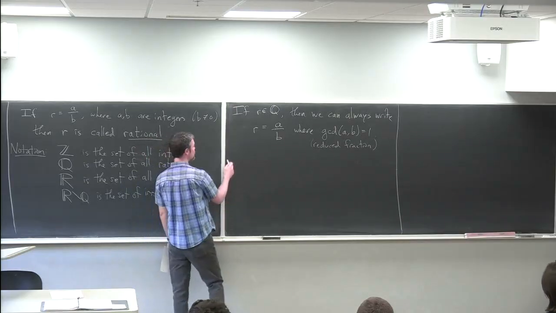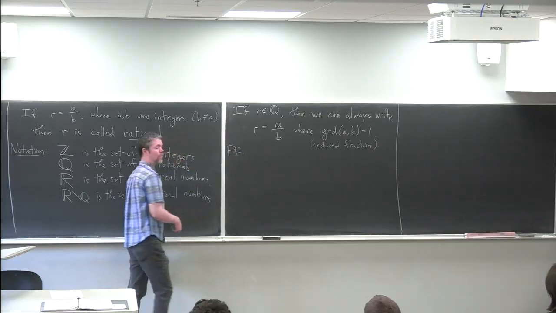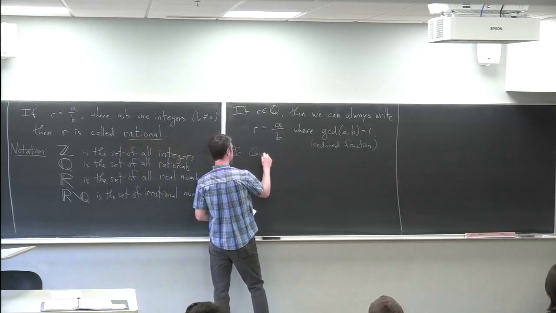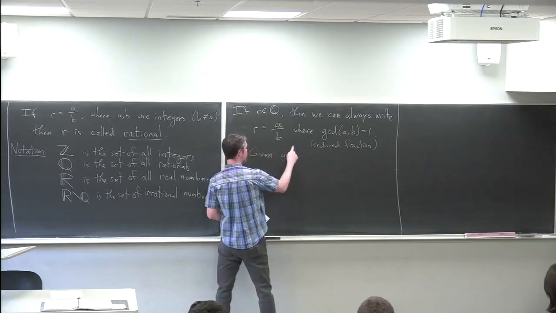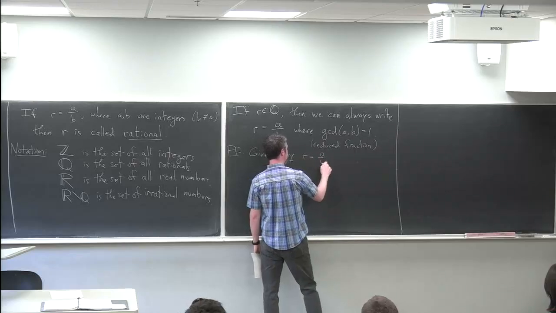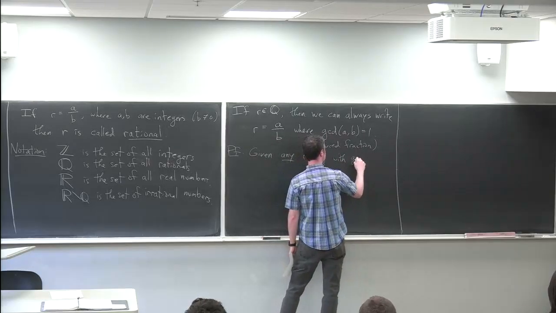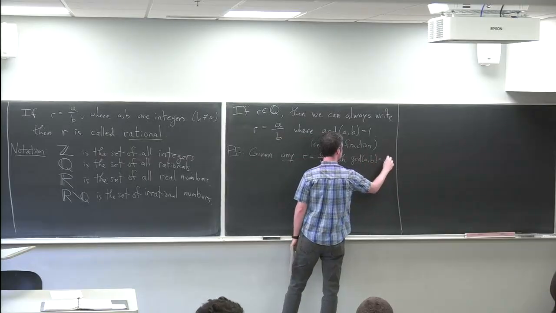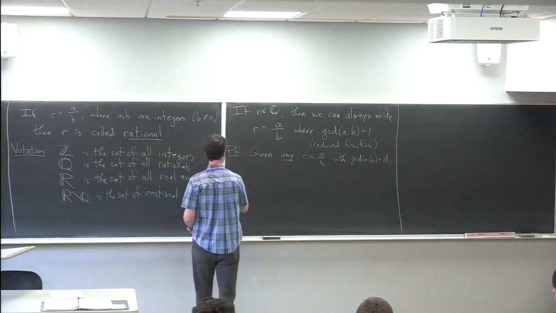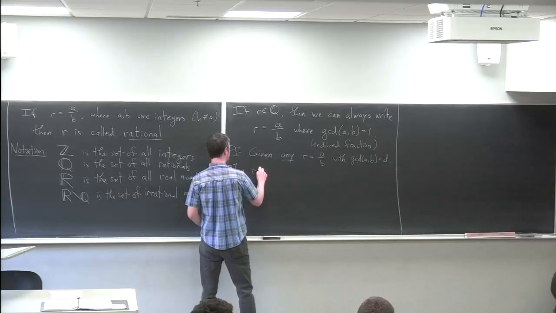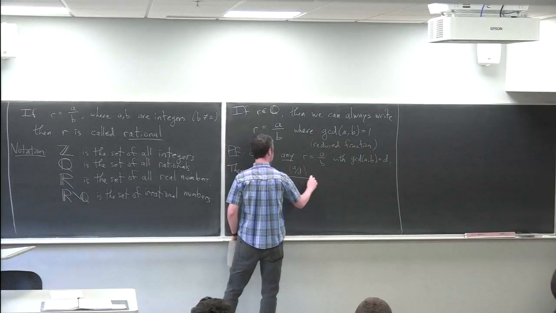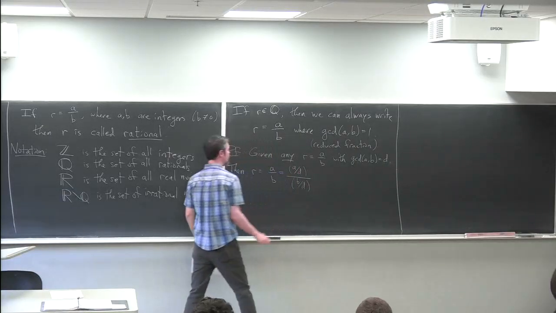But let me just explain really quickly what we already did that makes this a quick proof, which is that, given any r equals a over b, not with this assumption of GCD(a, b) equals 1, but with the GCD of a and b equal to something that perhaps is not 1, what you can do is take r, which is a over b, and write it as a divided by d over b divided by d, like that.